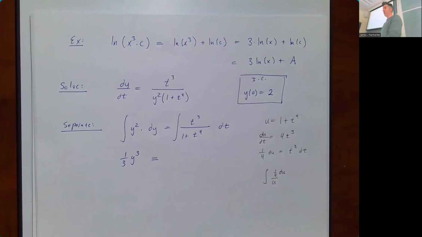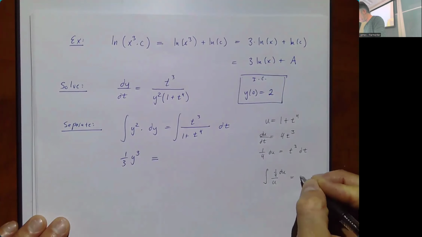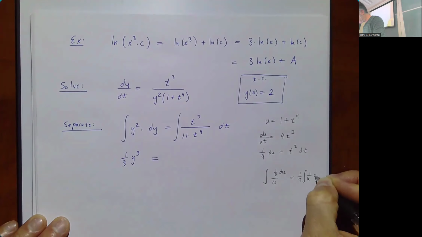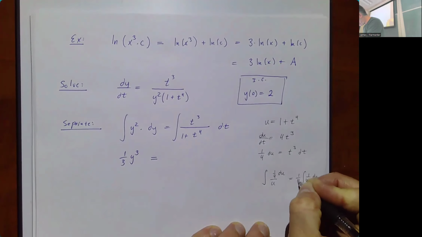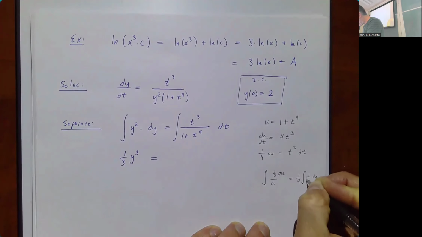So I have the integral of 1/4 over u du, or written slightly less terribly, 1/4 times the integral of 1 over u du. Apologies, sometimes my fours look like u's. I will try to make them look as different as I can. That's a 1/4. That's a 1 over u.